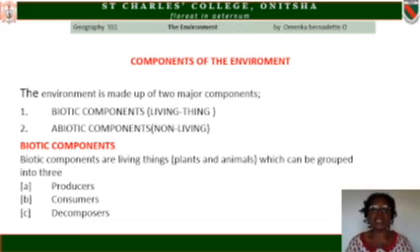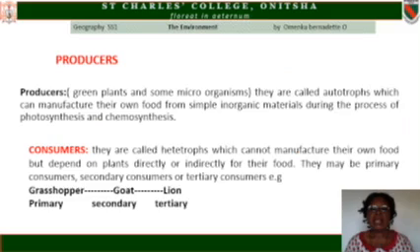Biotic components. Biotic components are living things like plants and animals, which can be grouped into three. We have producers, consumers, and decomposers. Then we take them one after the other.